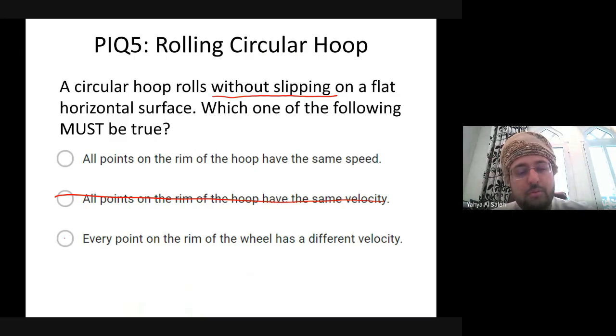I will agree with you that every point on the rim has a different velocity. They can have the same speed, but it's not necessary.